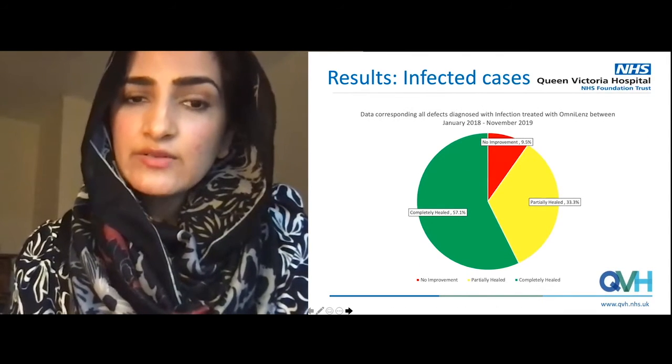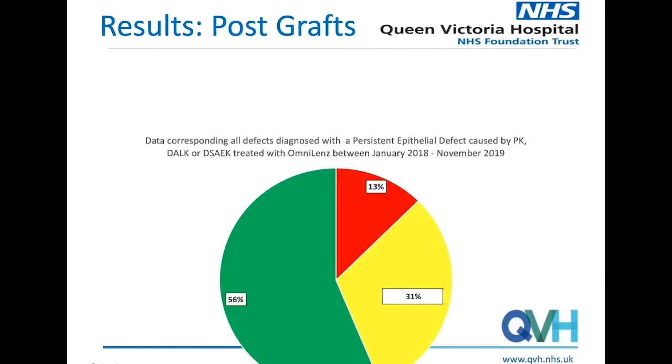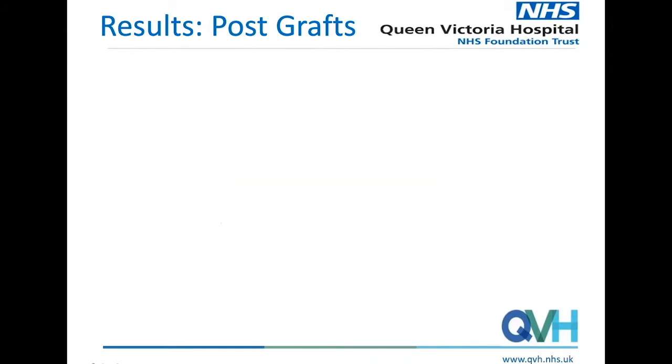In the infected case series, we had 57% showing complete healing, 33% showing partial healing, and 9.5% showing no healing response. In the post-graft group, similar results were there: 56% complete healing, 31% partial healing, and 13% no response.